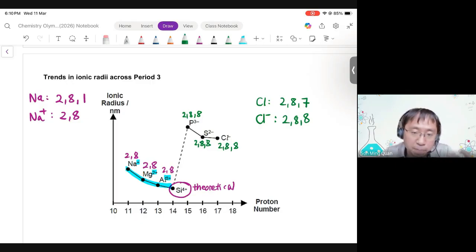If they are in the same period, the positive ions have one less shell compared to the negative ions. I repeat, if they are from the same period, the positive ions will always have one less shell. This means they can't have the same electronic configuration. The ions from the same period do not have the same electronic configuration.